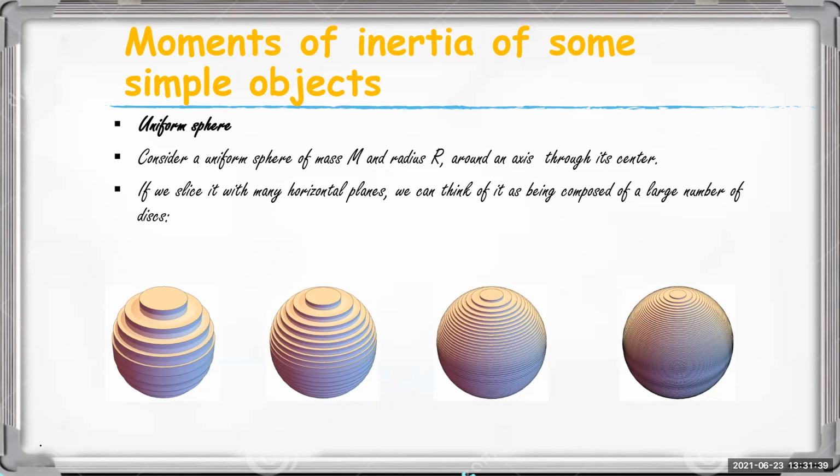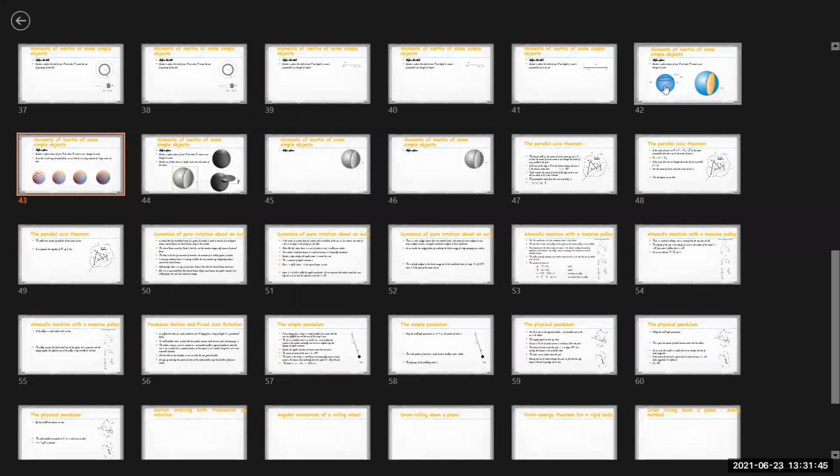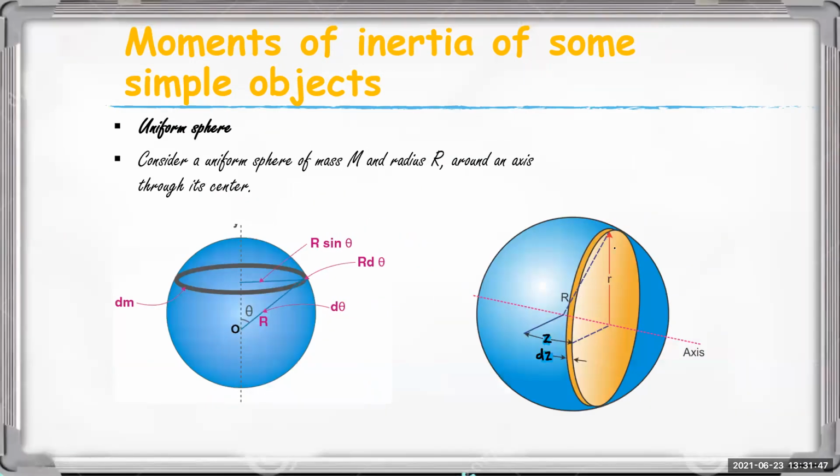So in the previous slide, we have shown a particular disk that is at a distance z from the origin, and the disk has a thickness dz.